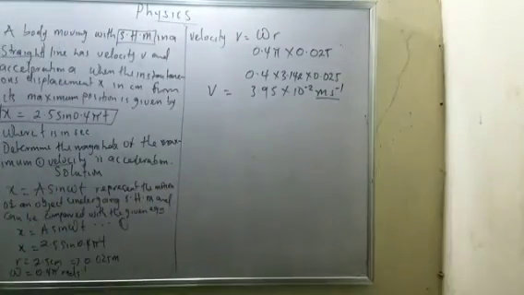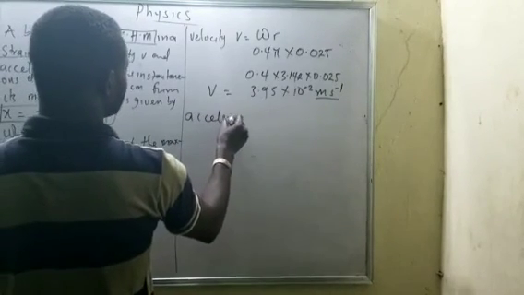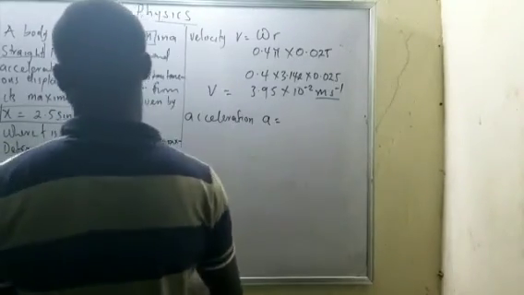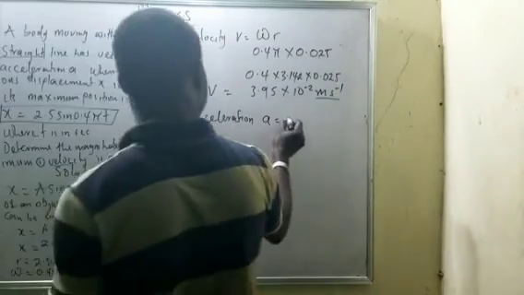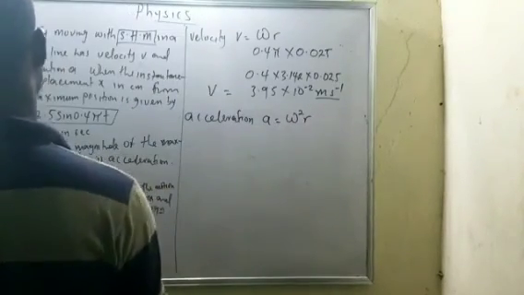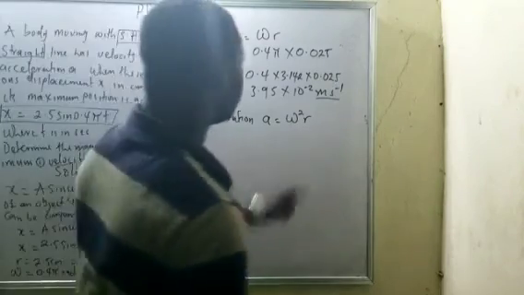It's very, very important. Now, I will move on to my acceleration, which is equation number 2. Acceleration, my a, is equal to angular velocity squared multiplied by radius.